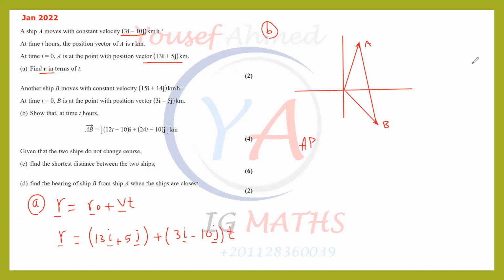So AB is equal to RB minus RA. We don't have the position vector for B, so let's get the position vector for B first.